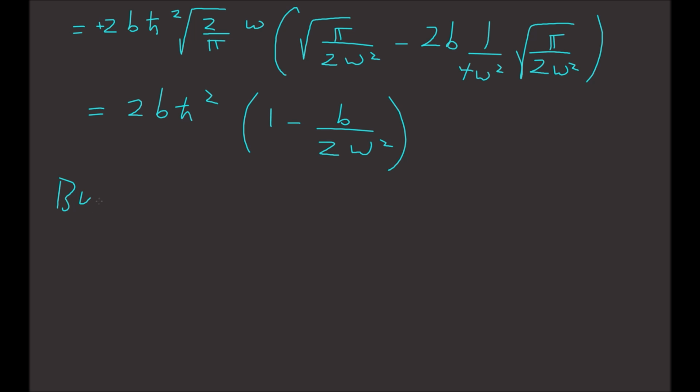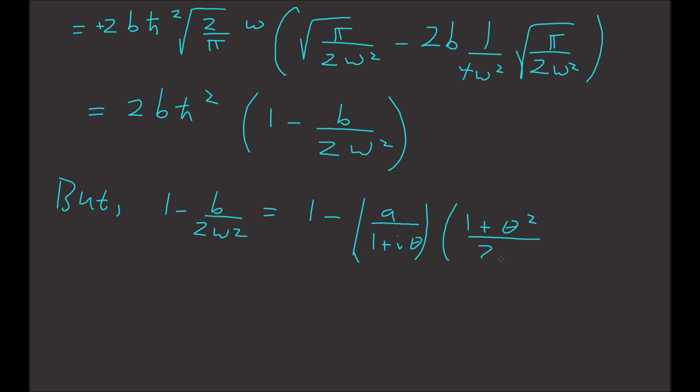But we know that 1 minus b over 2 omega squared is equal to 1 minus a divided by 1 plus i theta, right, times 1 plus theta squared divided by 2a, right?